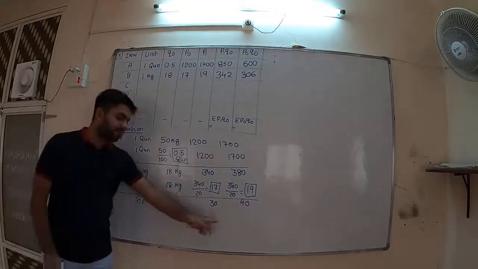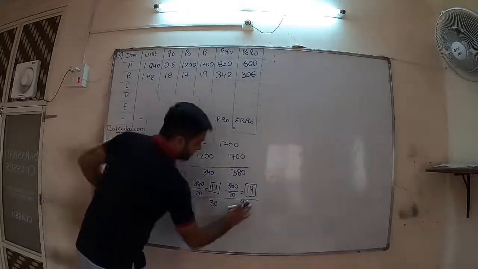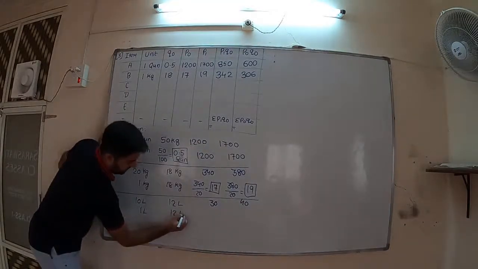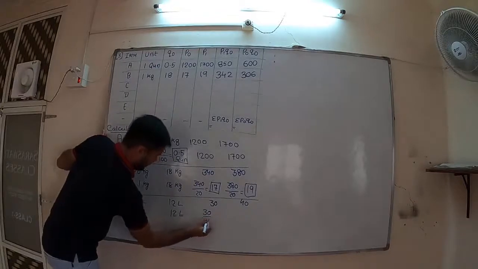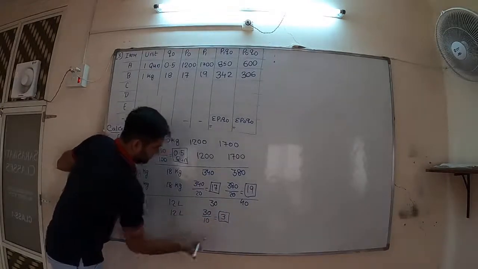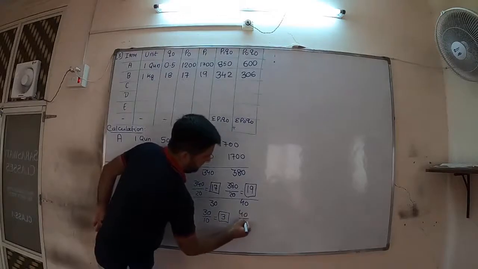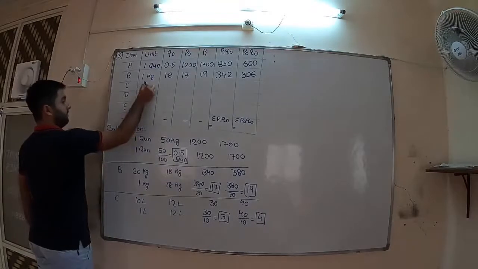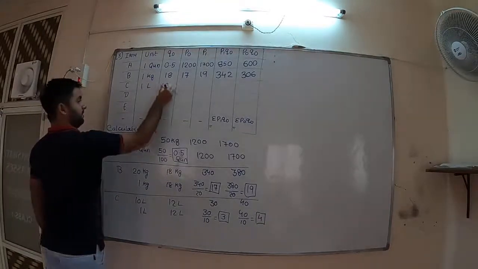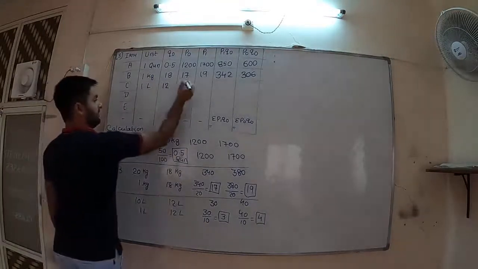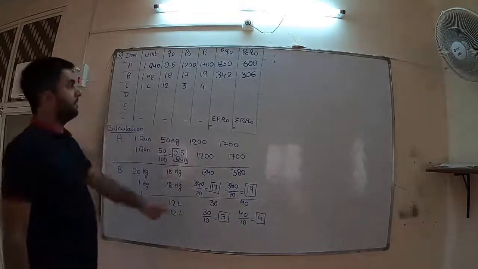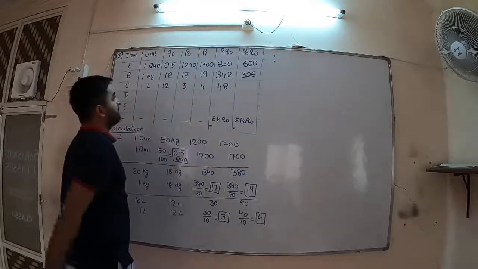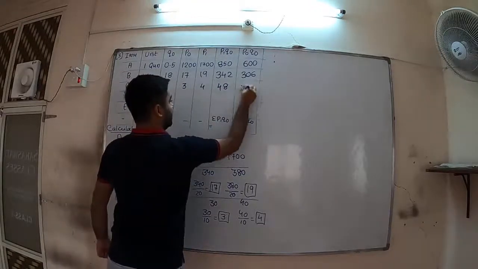Unit is not 1, so divide by both the prices. 1 liter, 12 liter, 30 by 10 is 3 and 40 by 10 is 4. 1 liter, 12, 3, 4. P1 Q0, 12 4s are 48. P0 Q0, 12 3s are 36.